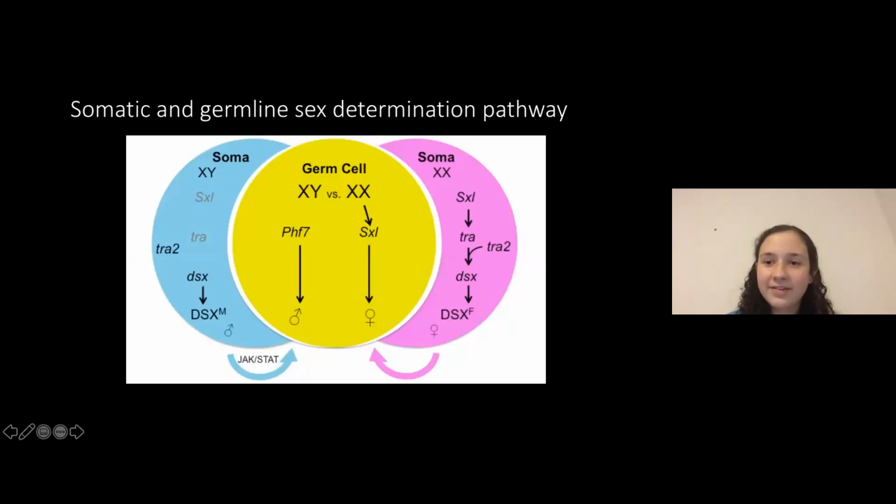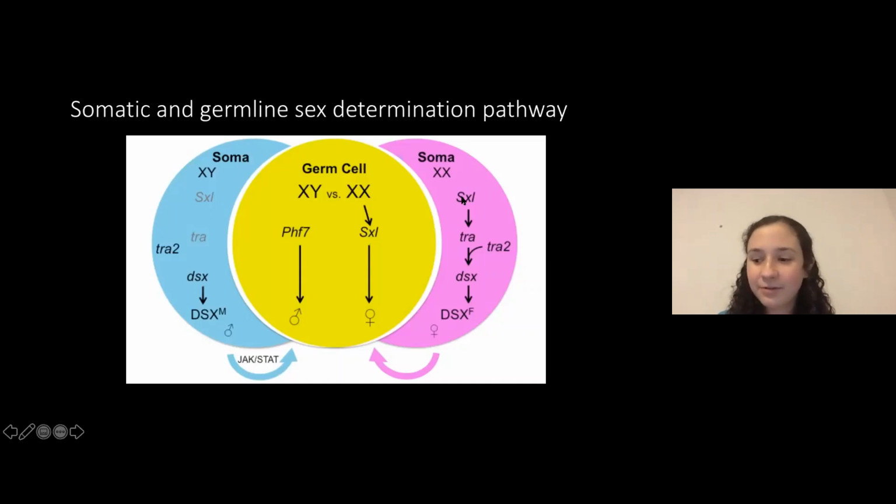So here is a diagram of the somatic and germline sex determination pathway in the fly, which is basically the basis for how you go from having 2 X chromosomes or 1 X chromosome to becoming a male or female fly. So I'll start by explaining the females. So the 2 X chromosomes, that dosage of X turns on sex lethal, and sex lethal is this gene right here.